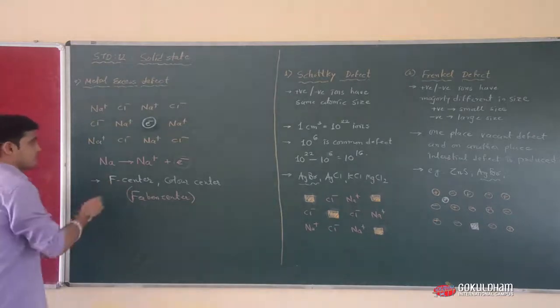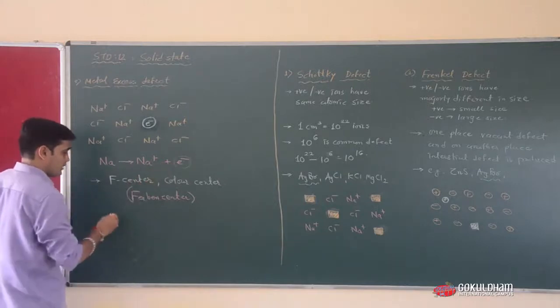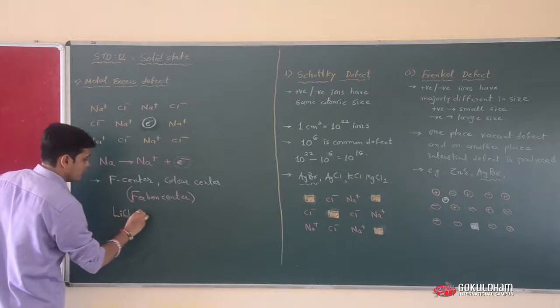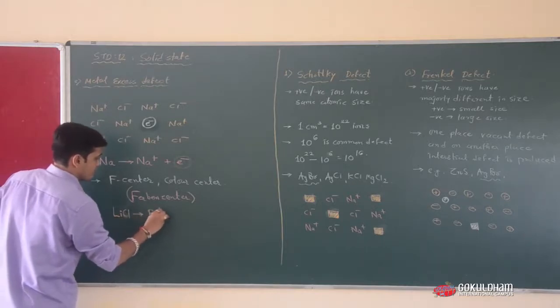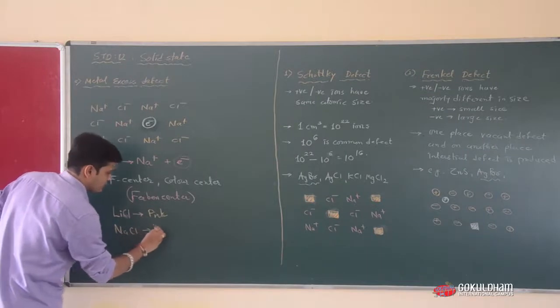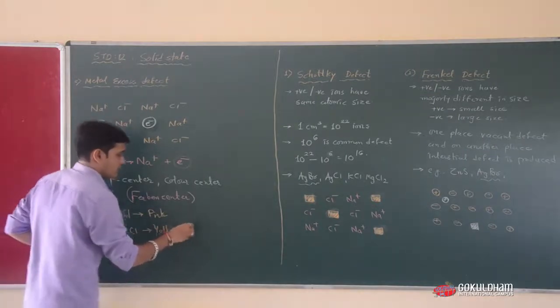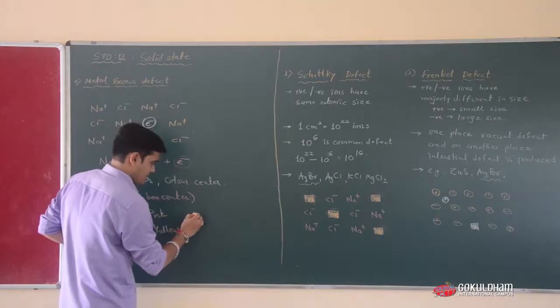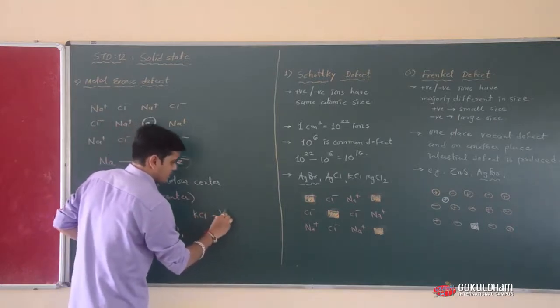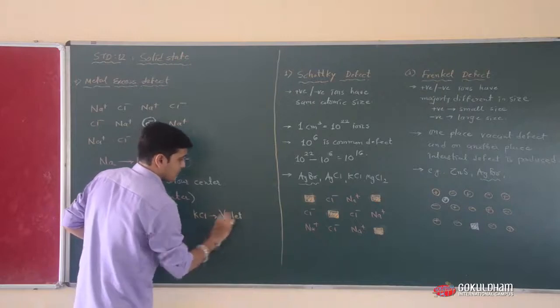In LiCl, you will see pink color. In NaCl, you will see yellow color, and with the crystal lattice containing potassium, you will see violet color.